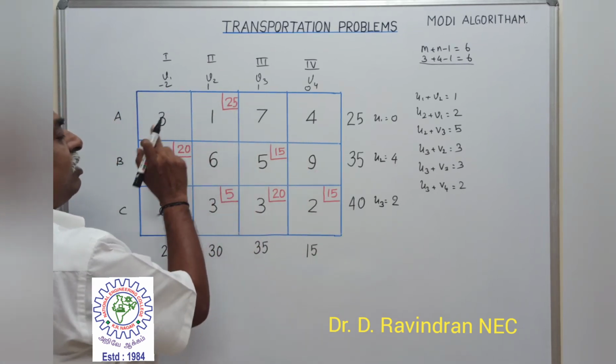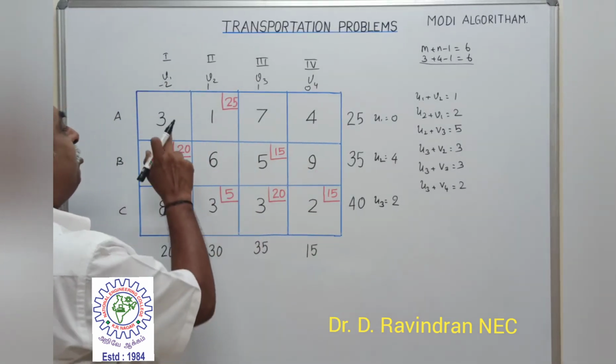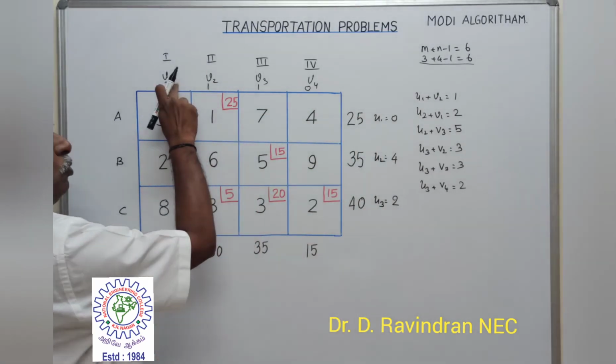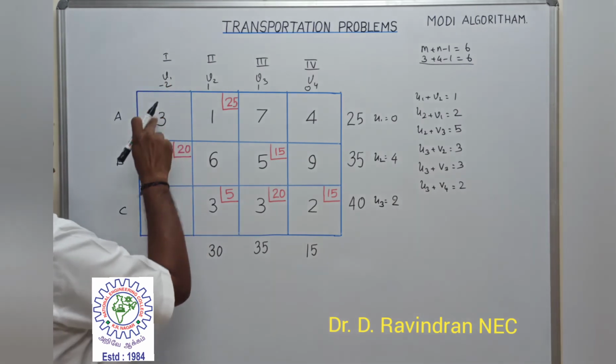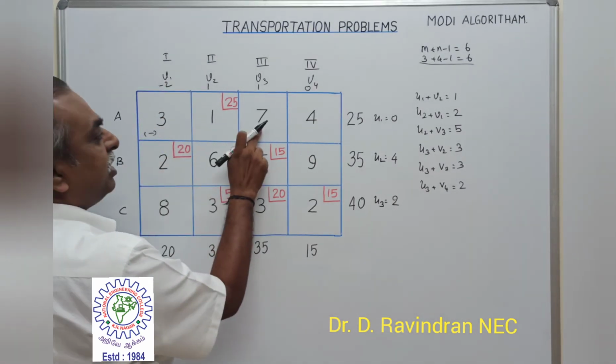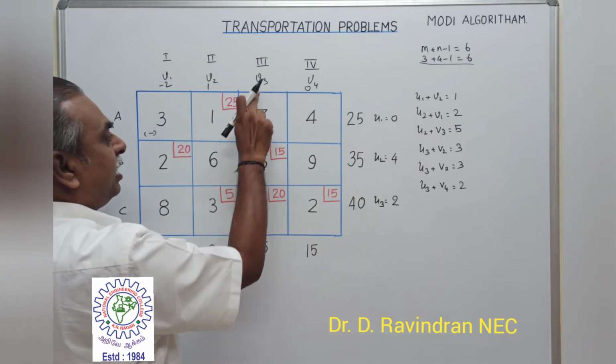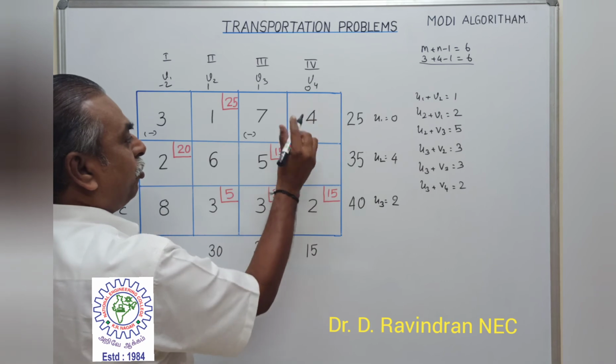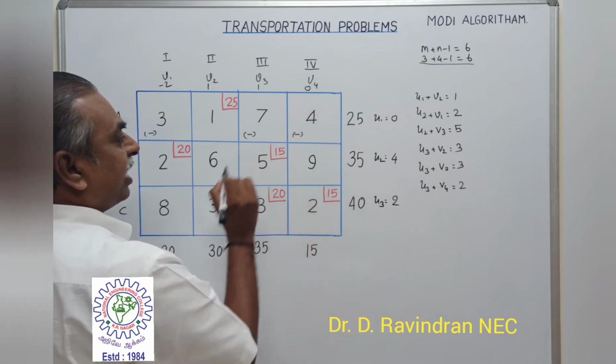Now we are going to evaluate the values for the non-basic cells. That means 0 plus minus 2, total is minus 2, minus 3, so it is negative. Similarly here 0 plus 1 minus 7, it is negative. 0 plus 0 minus 4, it is negative.